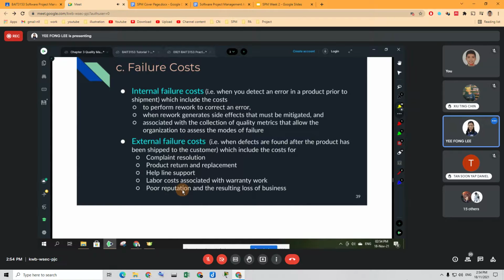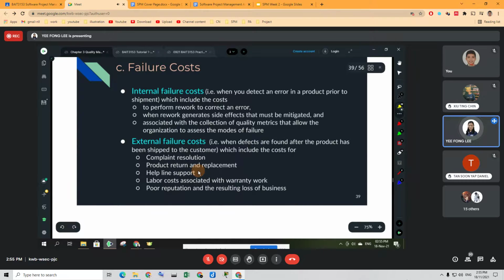But the seller might need to spend another round of shipment costs to the customer. That's also under external failure costs. So there are a lot of expenses here, whether the defective product is discovered earlier or later. So all these costs need to be figured out.